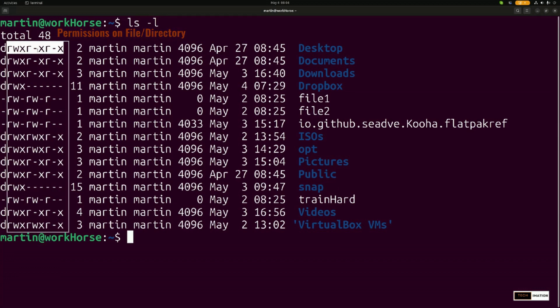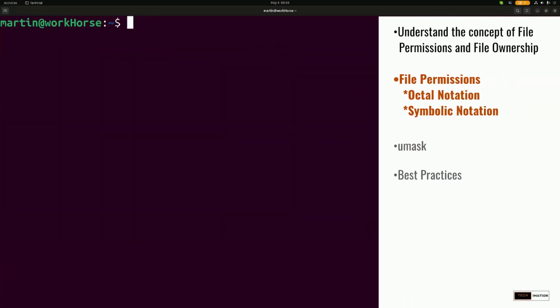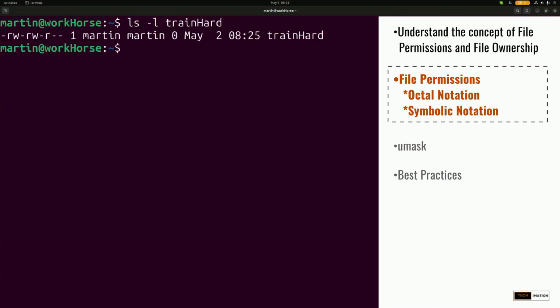Okay, so this is what we're focusing on right now. Let's get into it. Read, write, and execute are the permissions for every file. Let me clear this and look at just one file so that we are clear on what it looks like. There are 3 permissions.